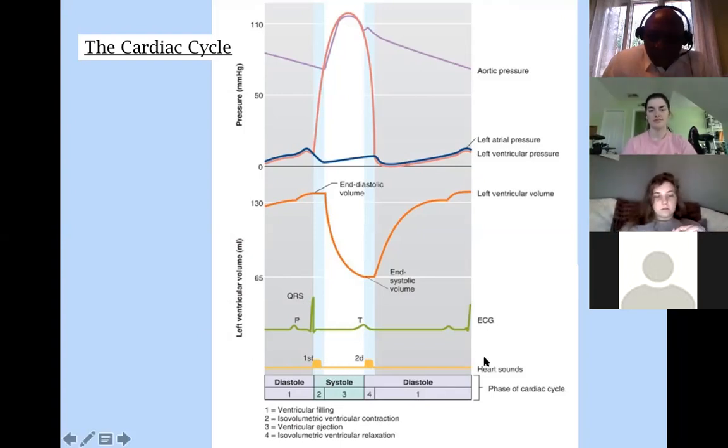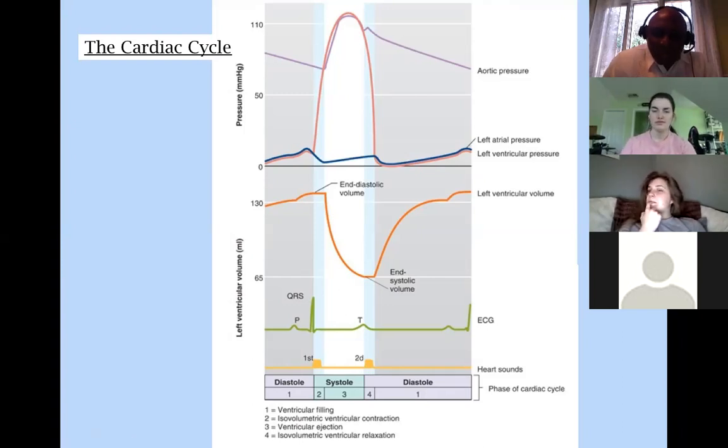All right. So let's now look at the sounds. Okay. So we'll be going up like that. The heart sounds, there are two heart sounds. There's lub, dub.